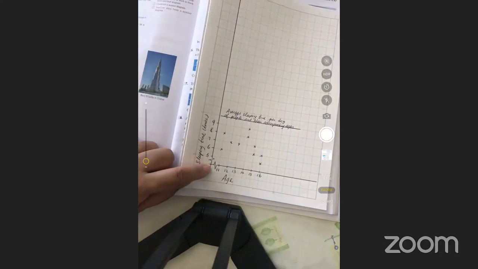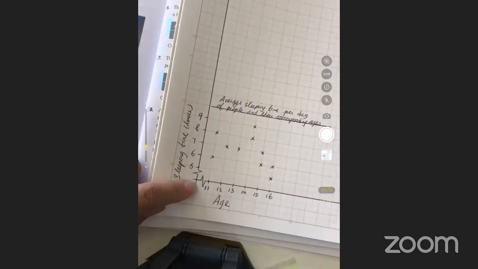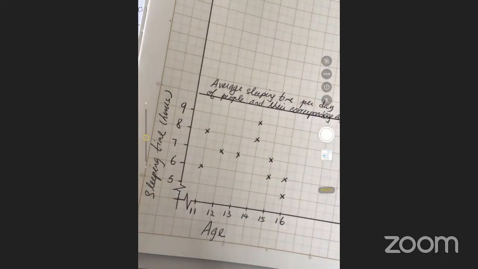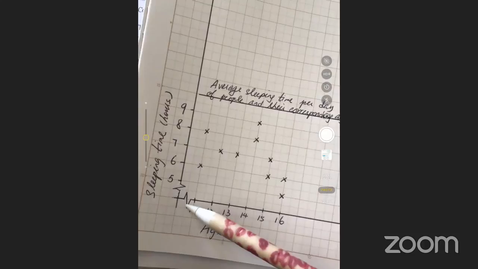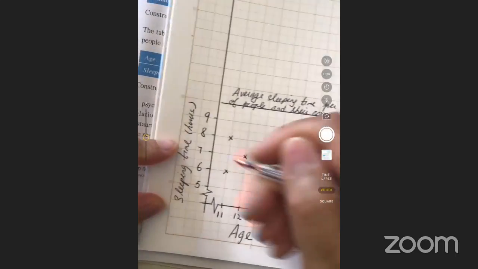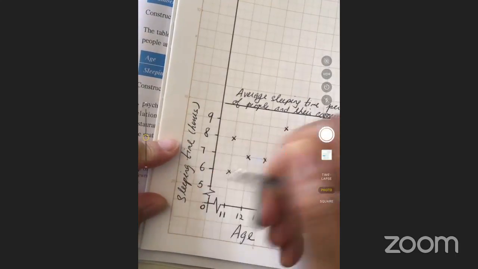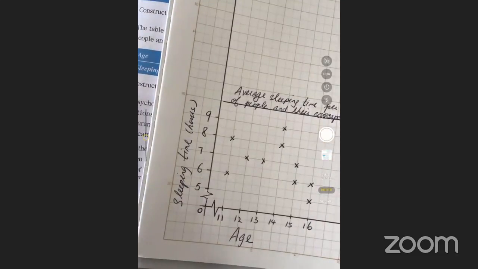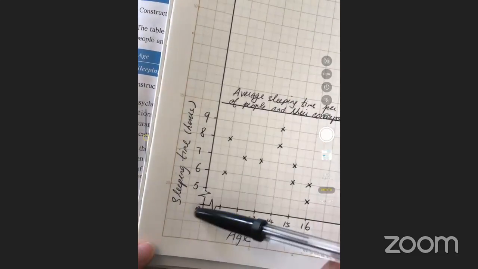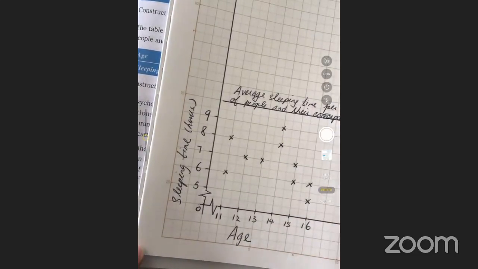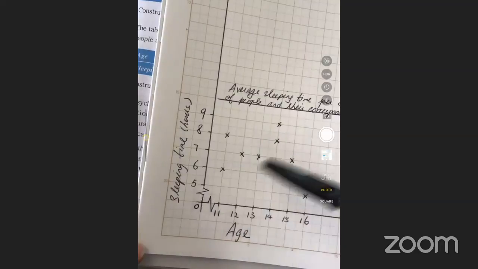Can you see that there's a symbol here? This symbol means I have skipped some of the values. Although I forgot to write 0 here, this point should be 0. But from 0 to 10, I have skipped all those values, so I use this symbol.